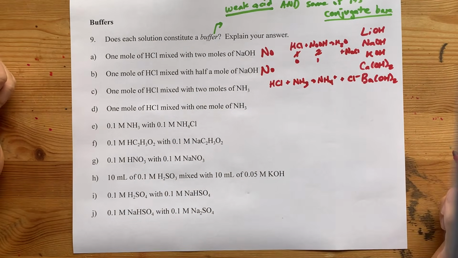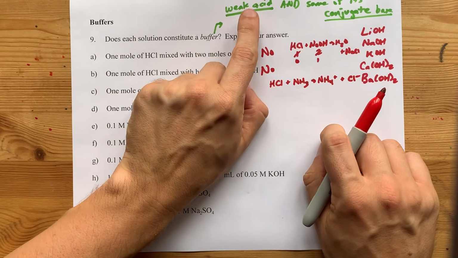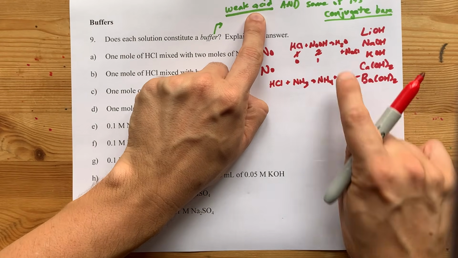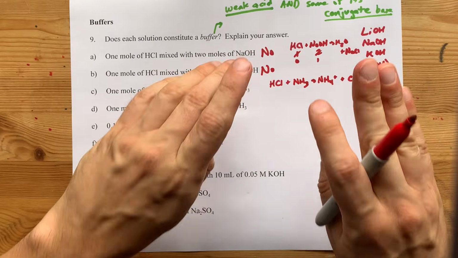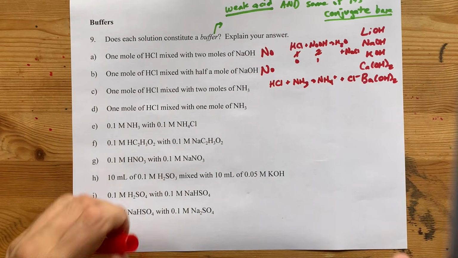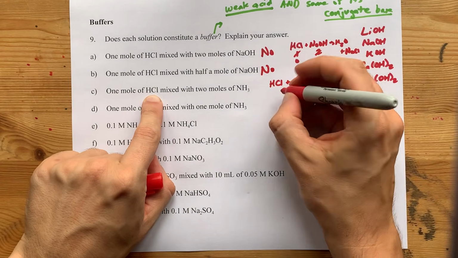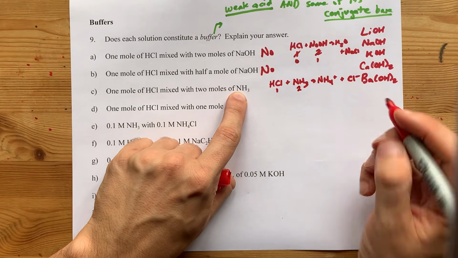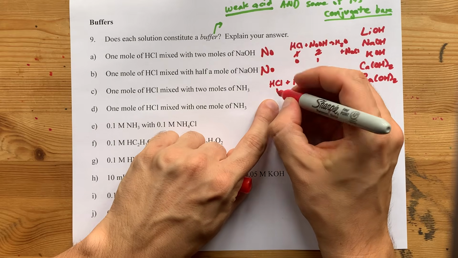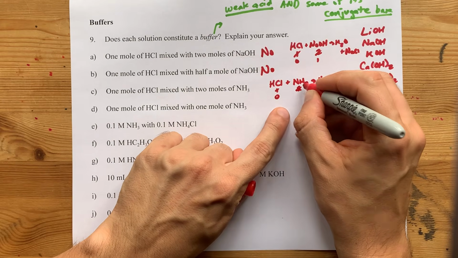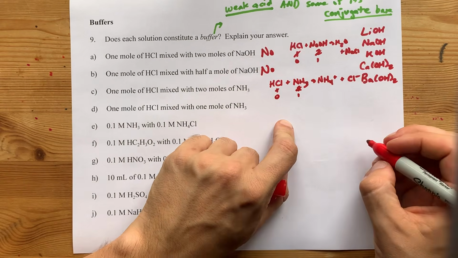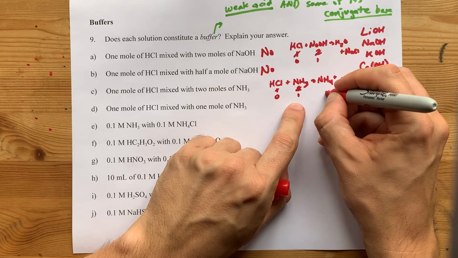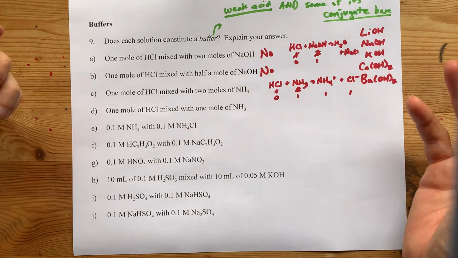That's the same thing. But let's just see if we have some of that weak acid and its conjugate base in solution at the end of this. 1 mole of HCl and 2 moles of NH3. When they react, you're going to use up the HCl, you're going to use up the same amount of NH3, and you're going to make that same amount of each of these.